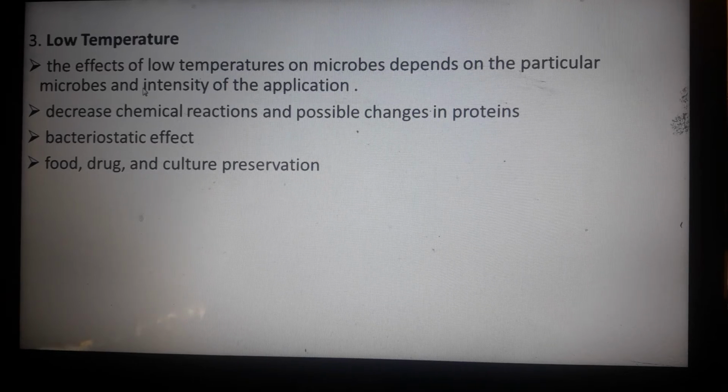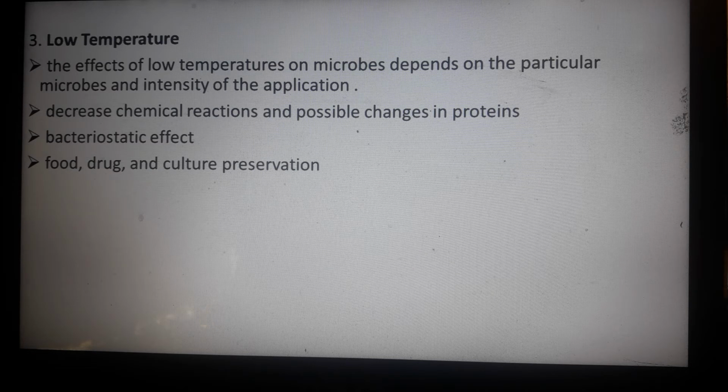So low temperature. The effects of low temperatures on microbes depend on the particular microbes and the intensity of application. It decreases chemical reactions and may change proteins. In chemical reactions, bacteria usually utilize energy, so there is a use of heat.